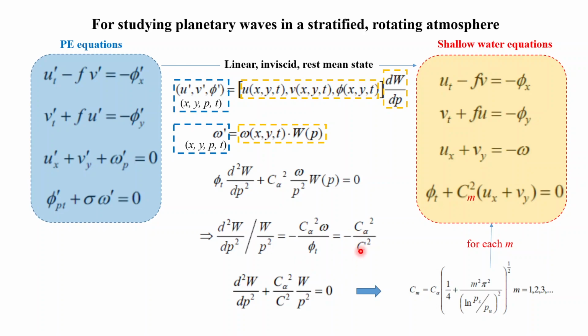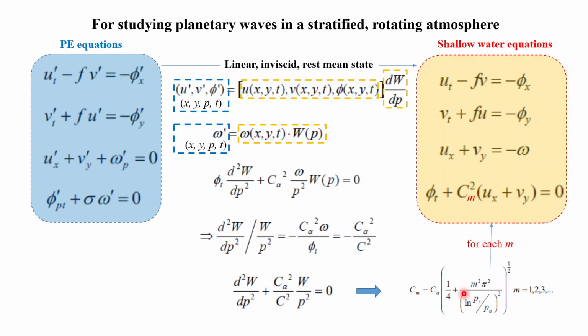So you can then solve this second order differential equation in P, and with proper boundary condition, you can obtain the eigenvalue as a function of the separation constant as an eigenvalue.